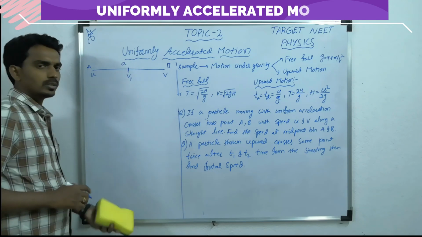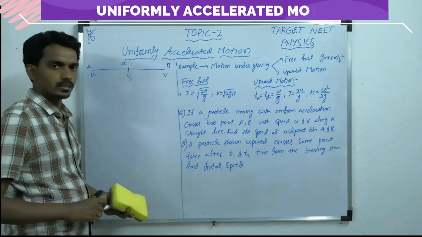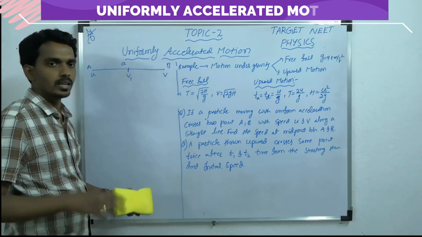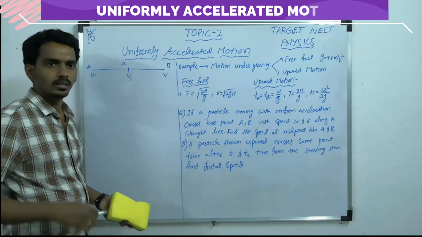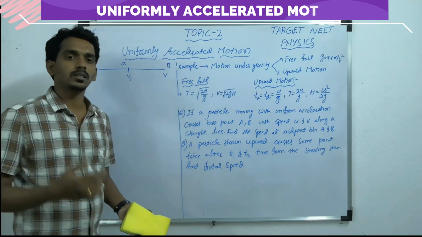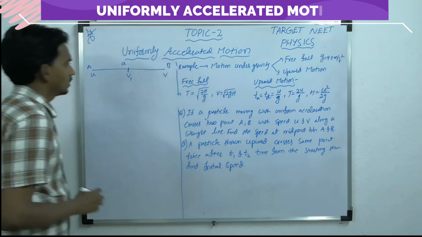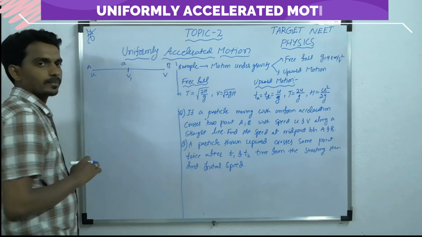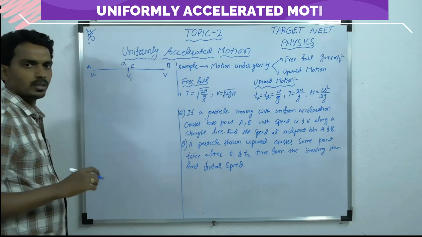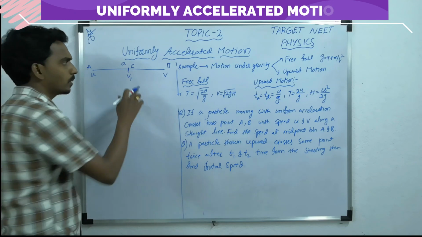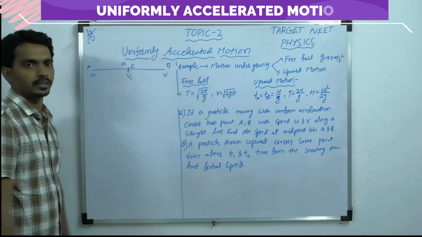Now I told you that you can use those four equations, like v equal to u plus at, s equal to ut plus half at square, between any 2 points. You must use logic and your sense to choose those 2 points. Let's take this midpoint as C. You can apply between A and B, between A and C, or between C and B, anything.